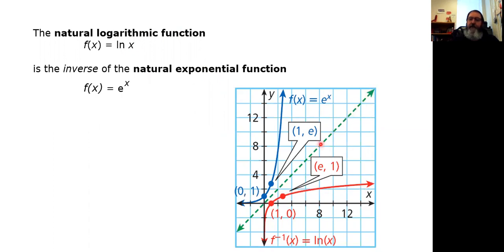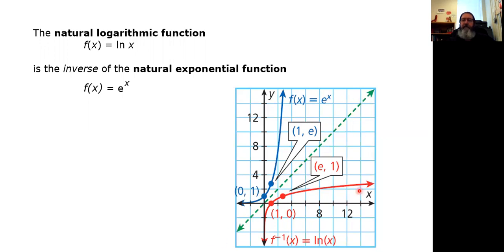And inverses, you'll remember, we've talked a little bit about inverses in the past, reflect across this diagonal line, which is the linear parent function. It's the y equals x line that goes through 0, 0, 1, 1, 2, 2, 3, 3, 4, 4, and so on. It goes through those points, and that is the line of reflection.